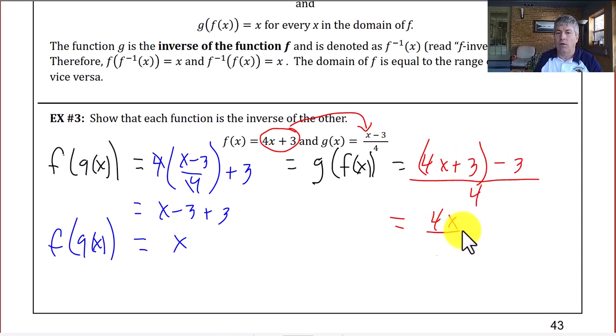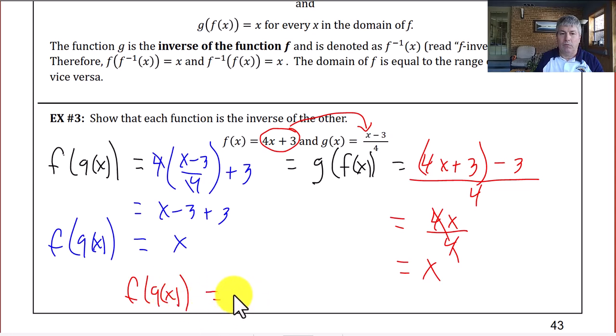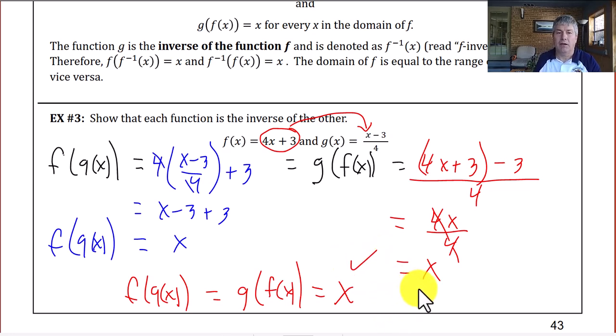We get 4x over 4. The 4's cancel, and we get x. So we can say that f of g of x is equal to g of f of x, and both of those equal x, therefore those are inverse functions of each other.